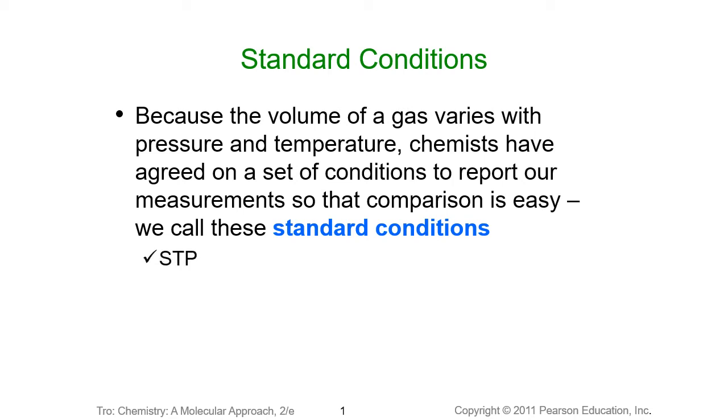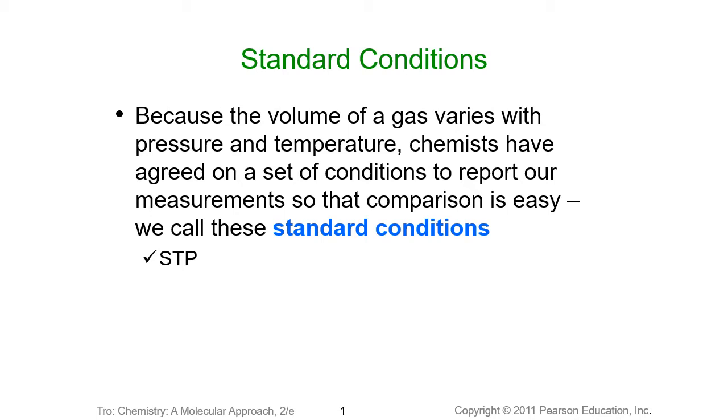Because the volume of a gas varies with pressure and temperature, we've agreed on a set pressure and a set temperature in order to report our measurements. These conditions are what we call standard conditions, abbreviated STP, for standard temperature and pressure.